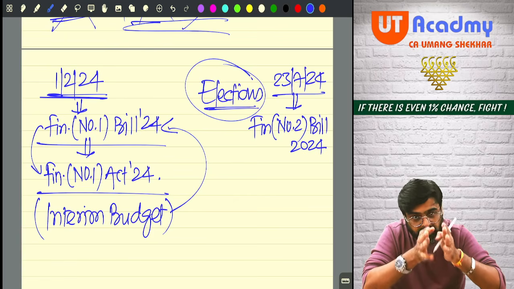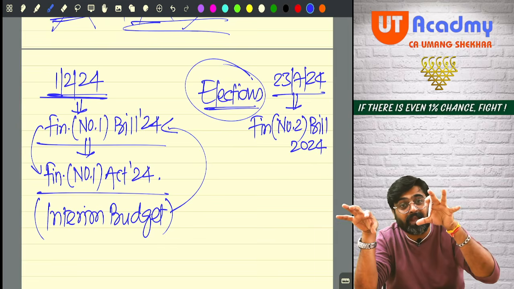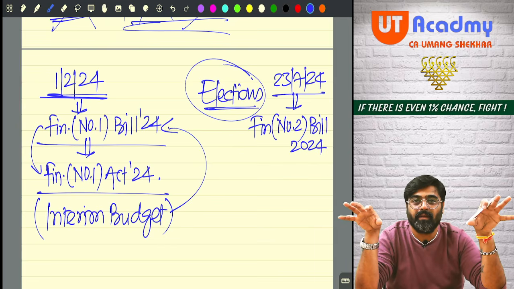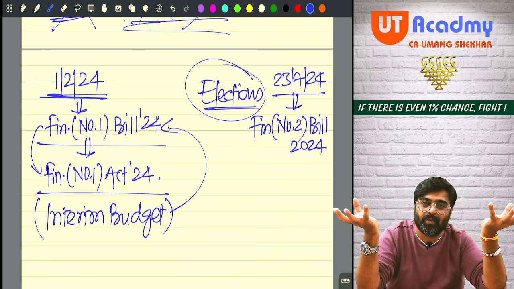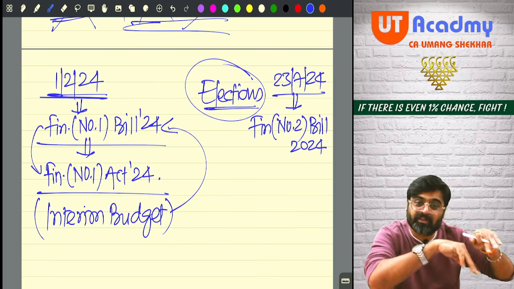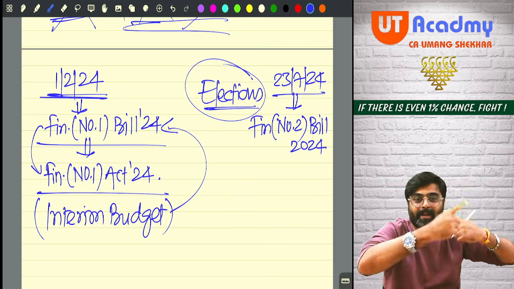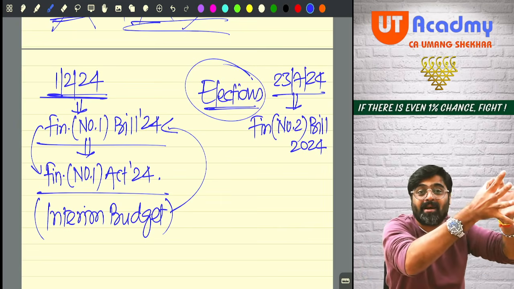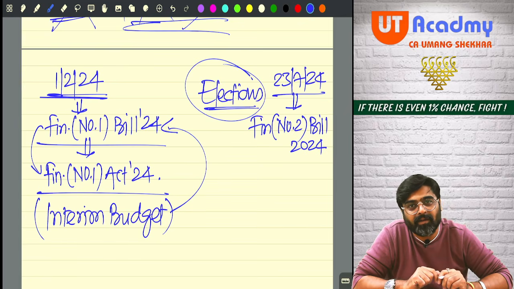See, in the same year, two budgets are prepared. One is interim budget, second is final budget. So first is number 1 and second is number 2. So always number 2 is final, and number 2 will have more amendments and major amendments as compared to number 1 budget. Getting my point?